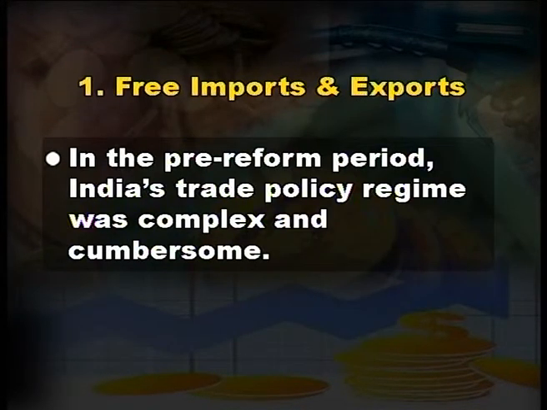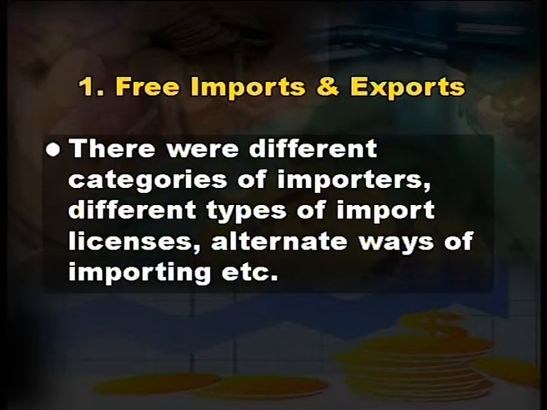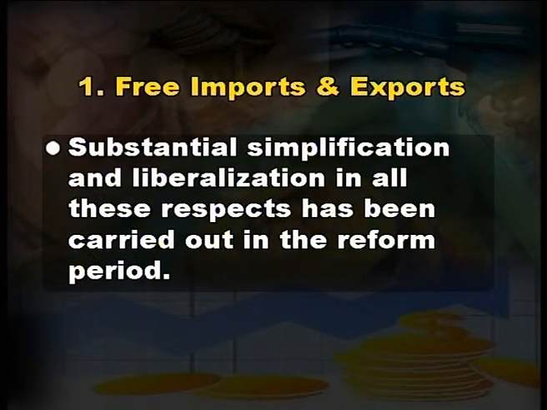In the pre-reform period, India's trade policy regime was complex and cumbersome. There were different categories of importers, different types of import licenses, alternate ways of importing, etc. Substantial simplification and liberalization in all these respects has been carried out in the reform period.